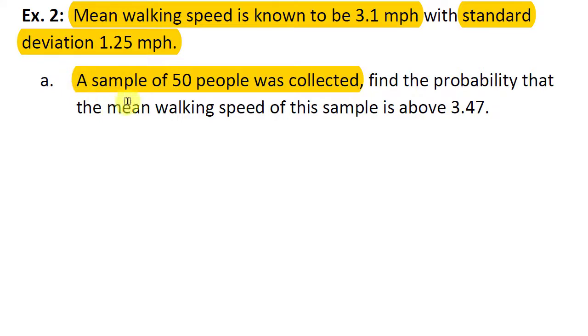It's all circulating around this central idea. We picked a sample of 50 people, but once we can pick a sample, we can also pick another sample. Every sample has a sample mean. So on any particular sample that we picked, what's the chance that it has a sample mean above 3.47?